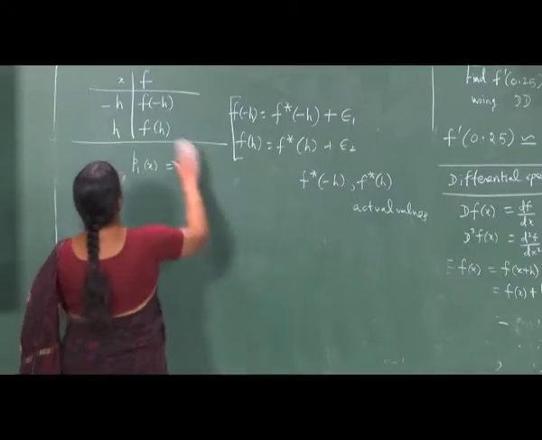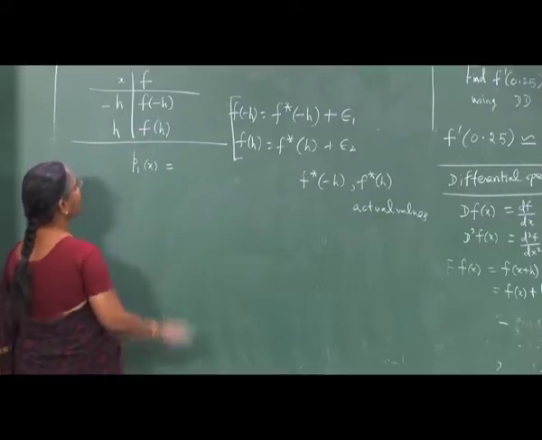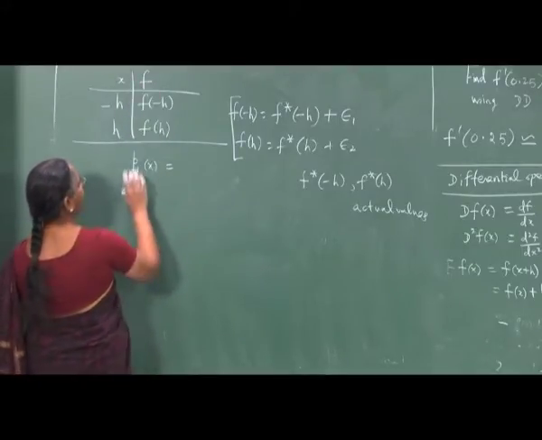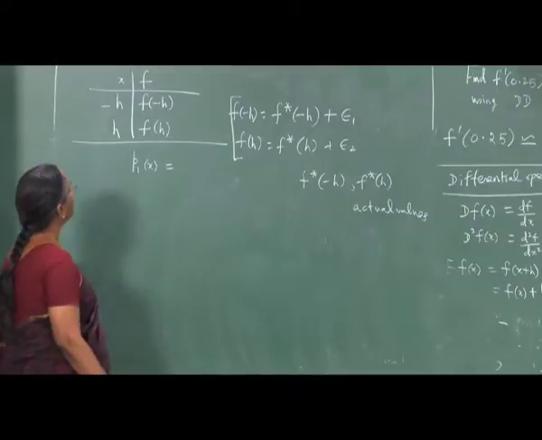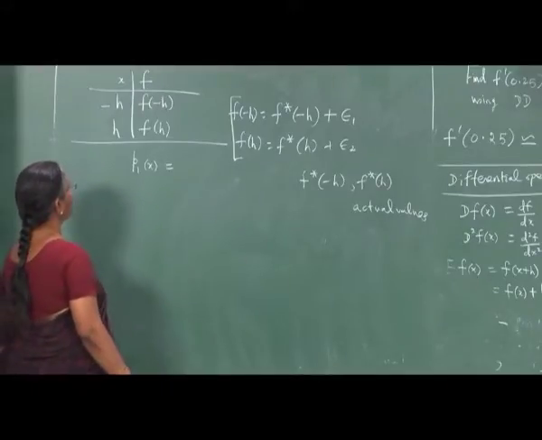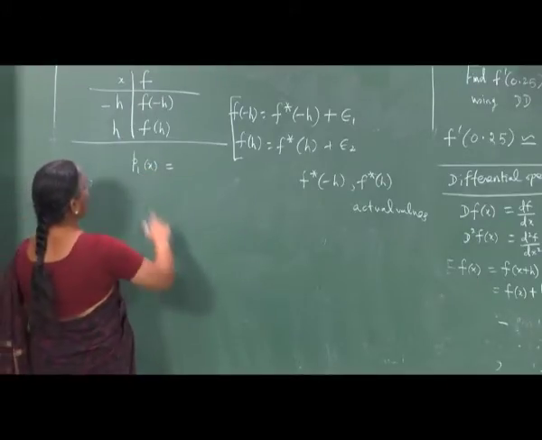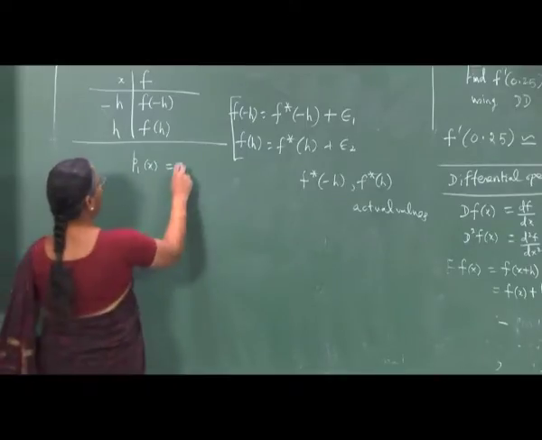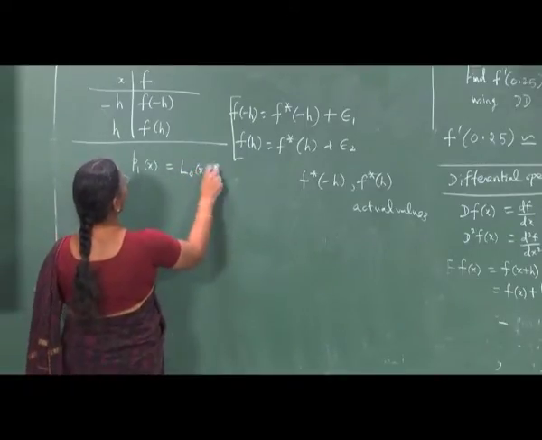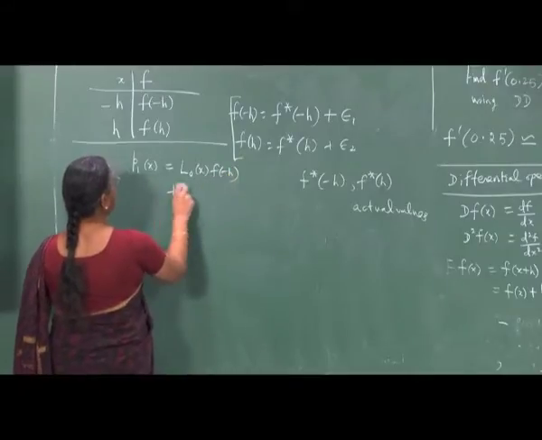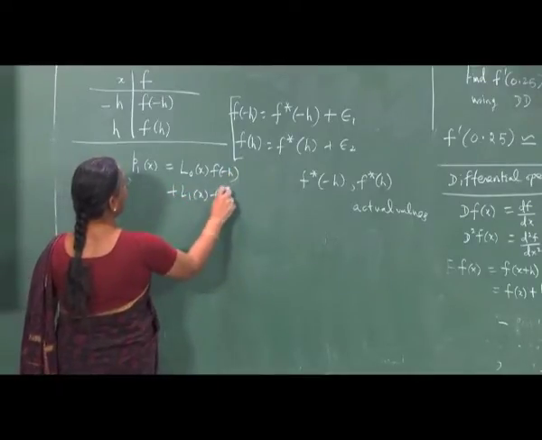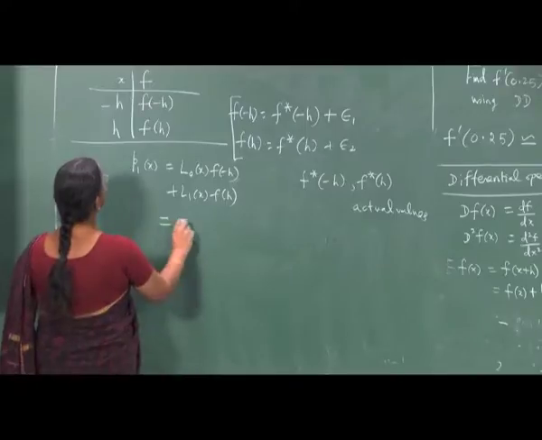So, I have information at 2 points, so I can approximate this function by a linear polynomial passing through these 2 points. So, I write down the Lagrange polynomial, that is L naught of x into f at minus h plus L1 of x into f at h. What is L naught of x?